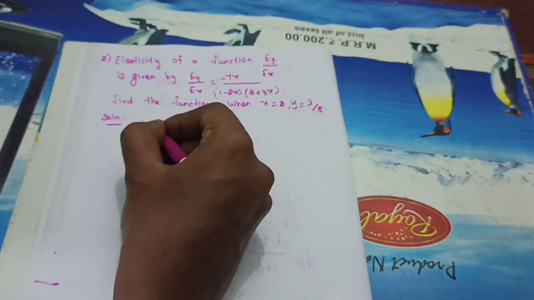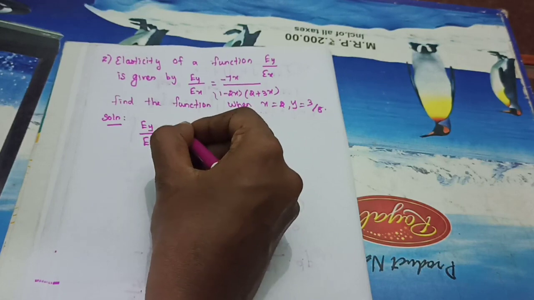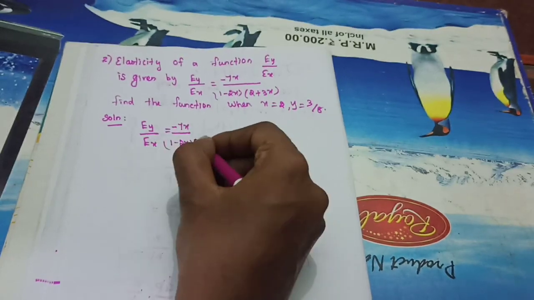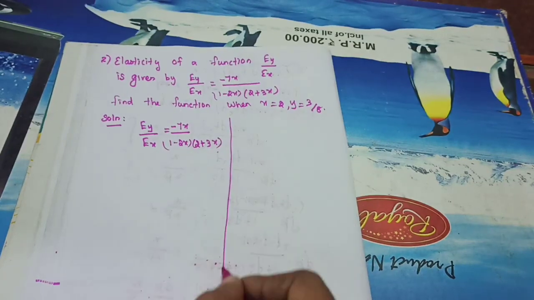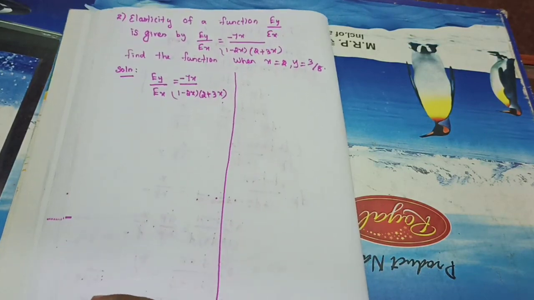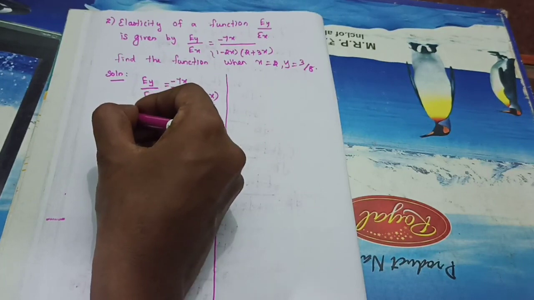First I am writing the given. Ey by Ex is given as minus 7x divided by (1 minus 2x) into (2 plus 3x). Okay, listen. So what's the formula for Ey by Ex? It is same as eta, correct?